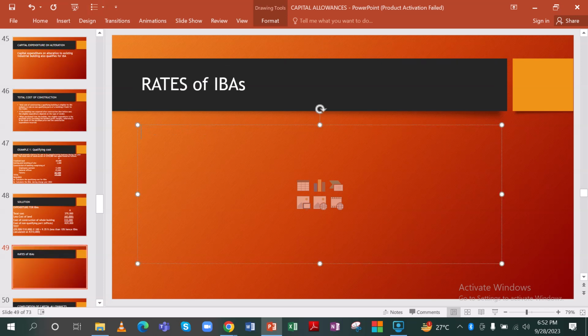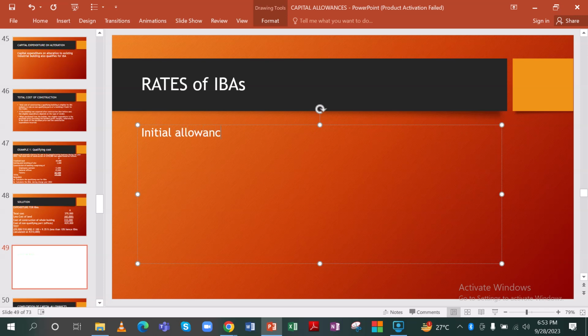What do we have? We have the initial allowance. This attracts 10% on original cost. We also have an investment allowance.